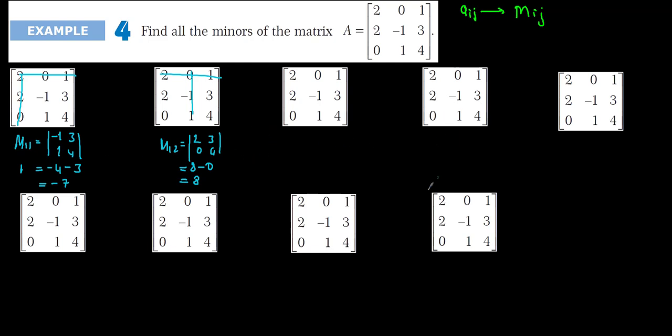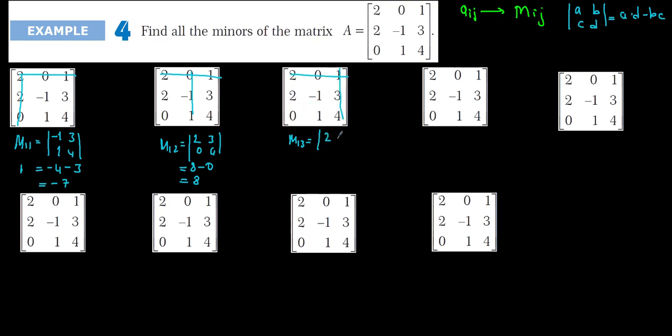I didn't write it here, but if you remember, the determinant of the matrix A, B, C, D was equal to A times D minus B times C. That's why I'm cross multiplying like that. Then we are going to continue with M13, which is the first row and third column deleted.